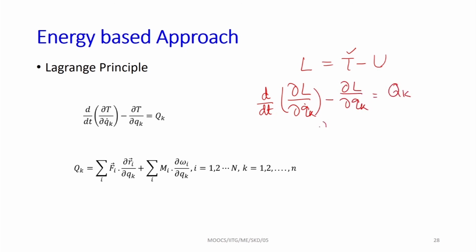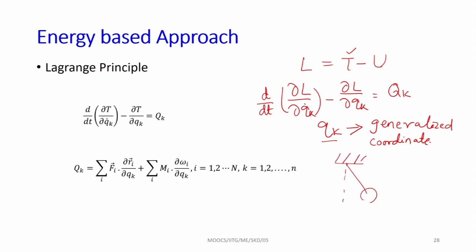Here this q_k is known as the generalized coordinate. What do you mean by generalized coordinate? Already I told you that for a given system we have both physical coordinates and generalized coordinates.